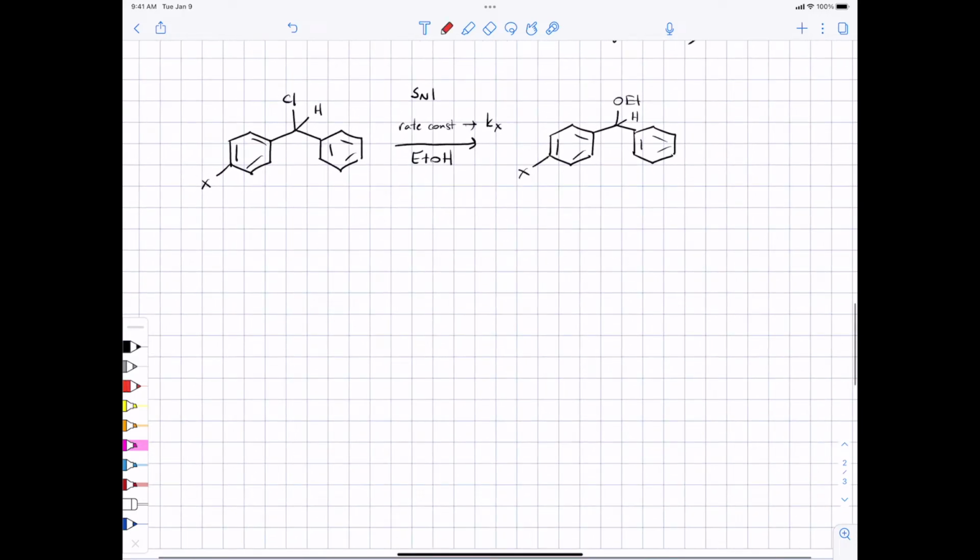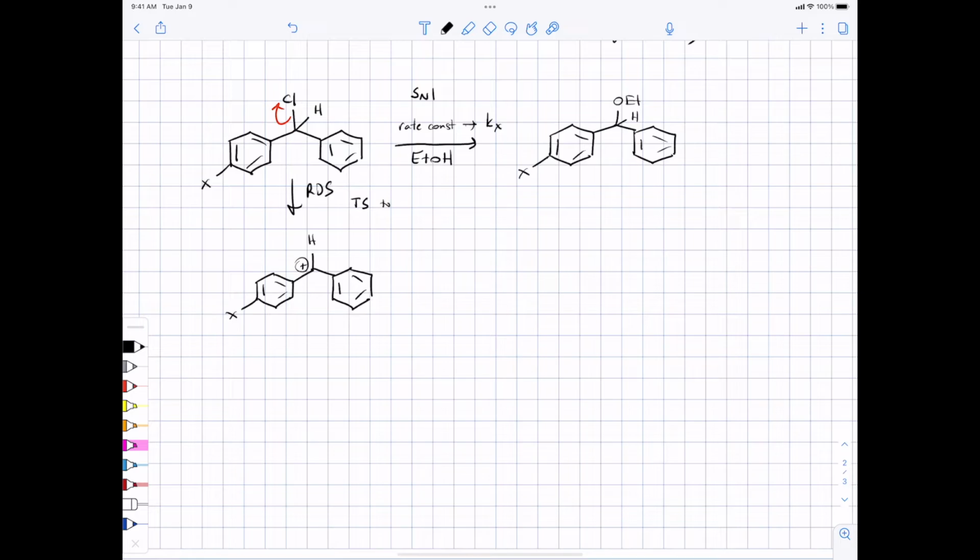But if the mechanism is SN1, the rate determining step is the formation of this carbocation. Positive charge on that benzylic carbon. Okay? And because this is uphill in energy, you expect the transition state to be carbocation-like. That's a restatement of the Hammond postulate.